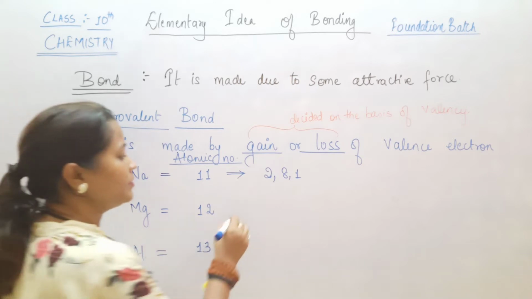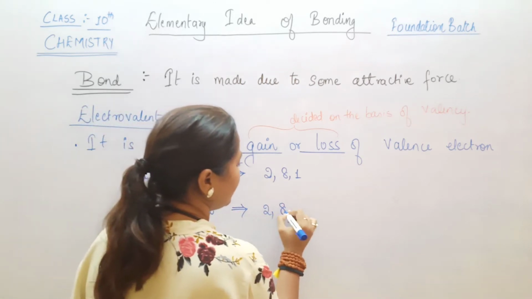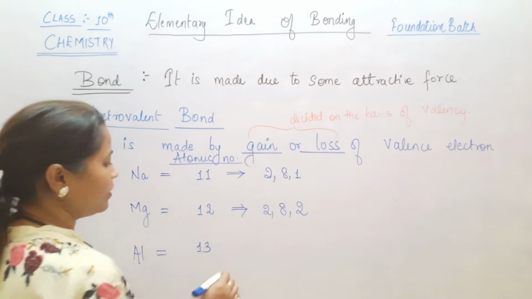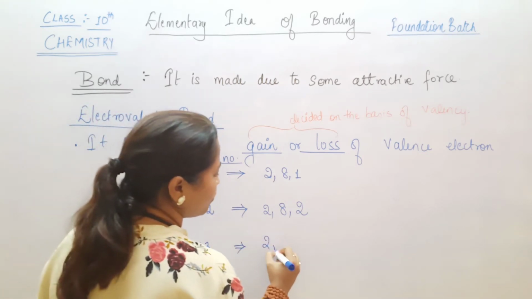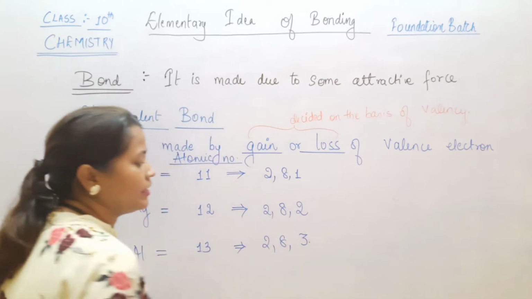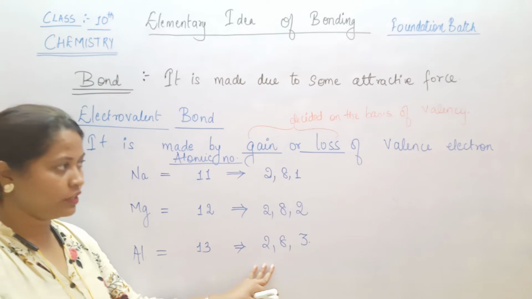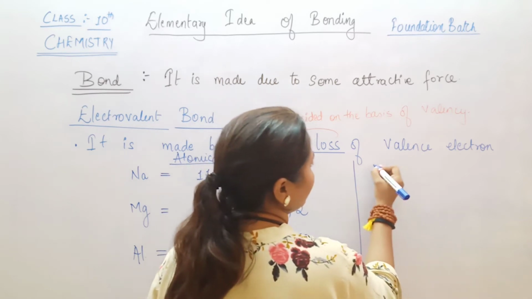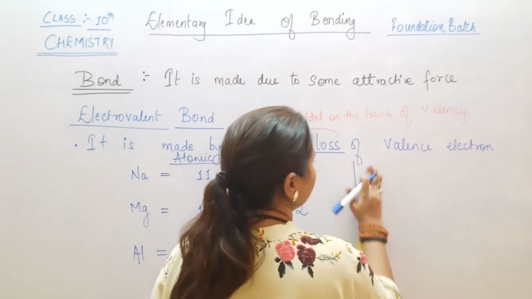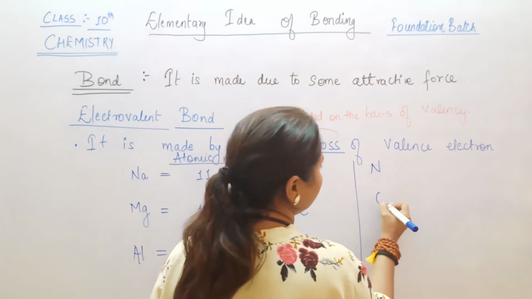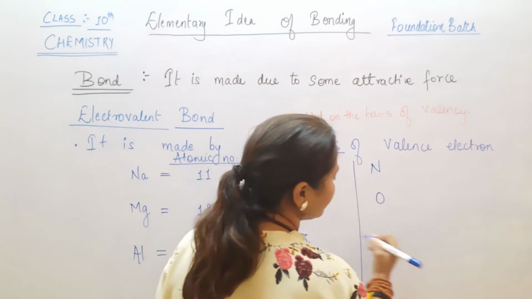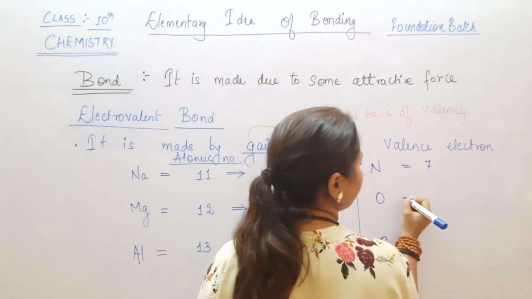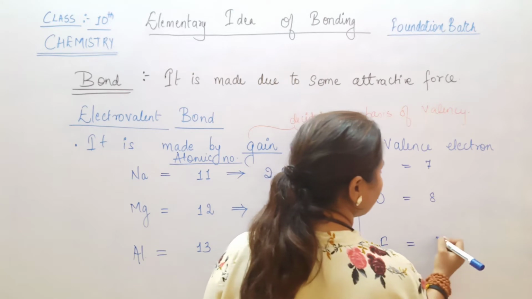In the same way, 2, 8, 2 is the magnesium का electronic configuration, and 2, 8, 3 is the aluminium का electronic configuration. ठीक है, in the same way some non-metals I will take, such as nitrogen, oxygen and fluorine. ठीक है, तो atomic number of nitrogen is 7, oxygen is 8 and fluorine is 9.